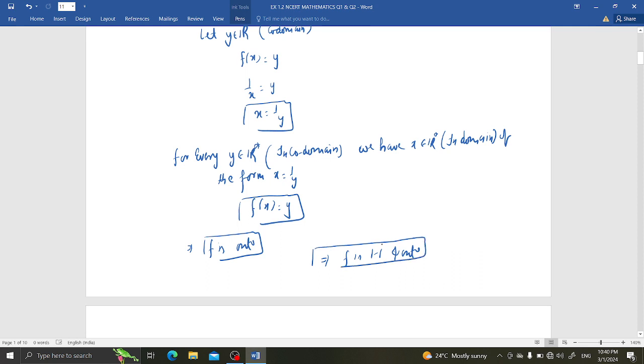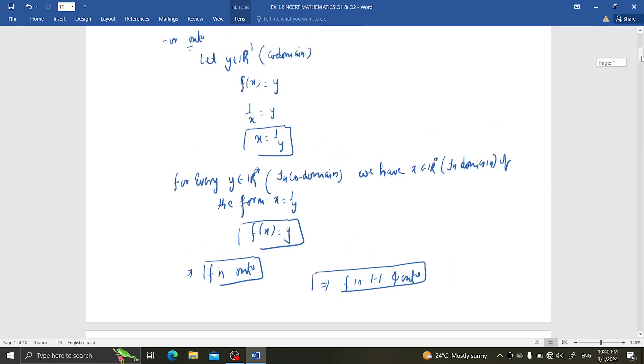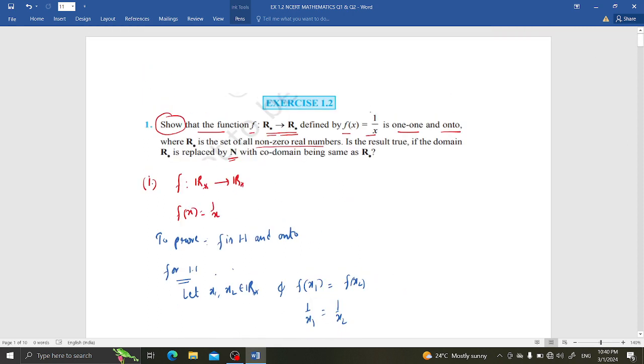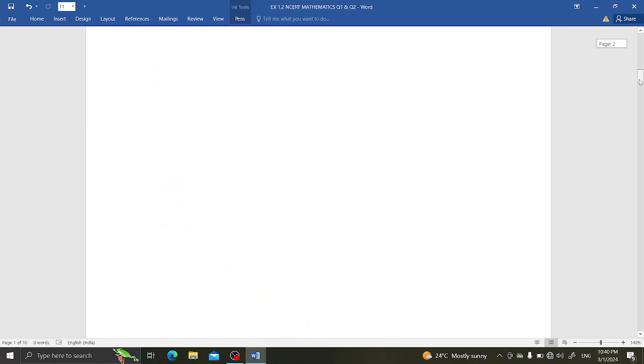Now how do they define the second part? They are saying that if we replace this domain set by the set of natural numbers, and the codomain remains the same, and the function is like that, then we need to check whether it is 1-1 onto or not.